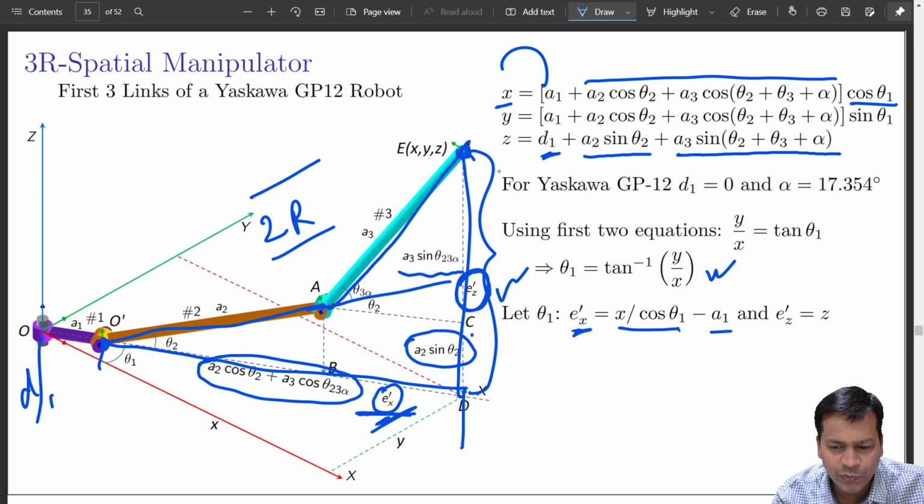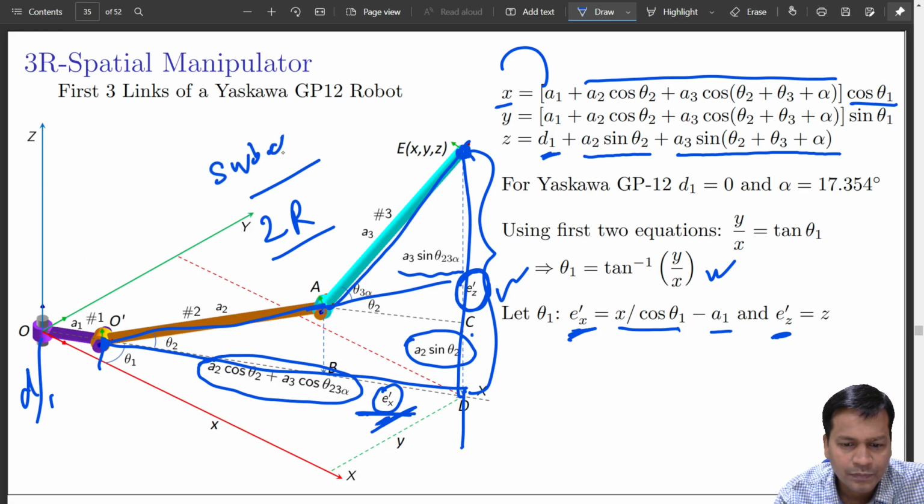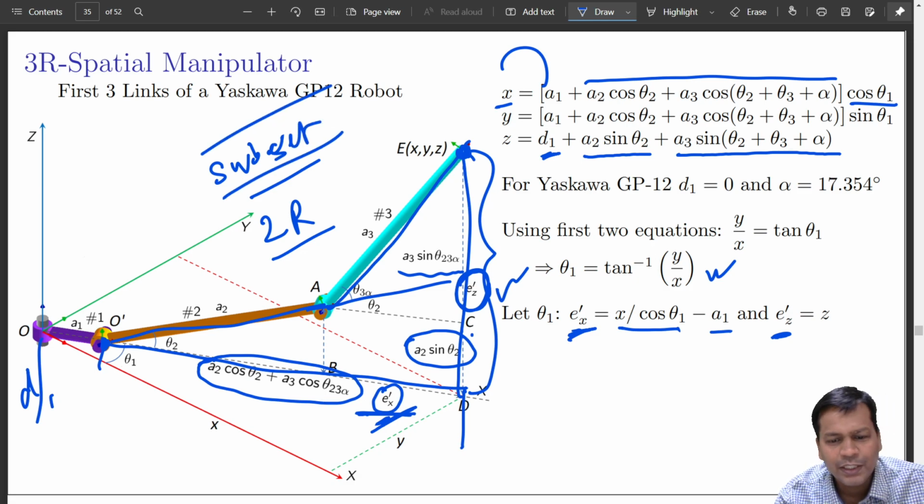So you can quickly add it. So now you have got Ex dash and Ez dash. So now you know the coordinates of this 2R subset.